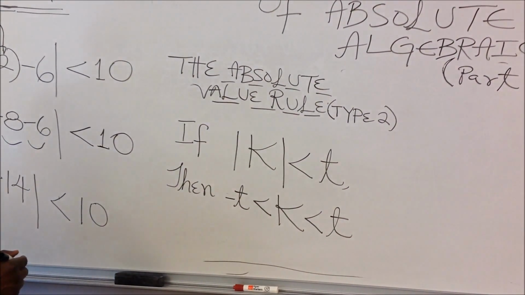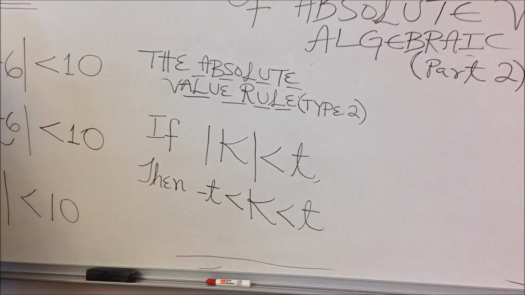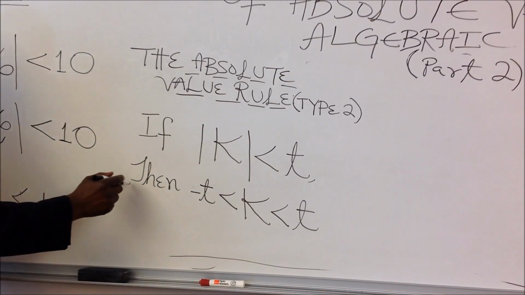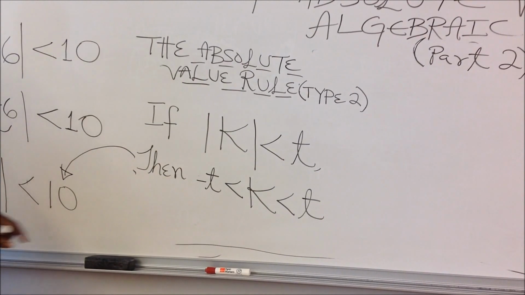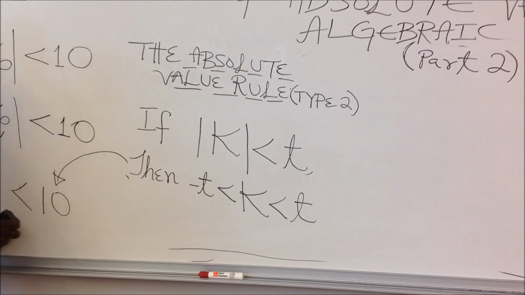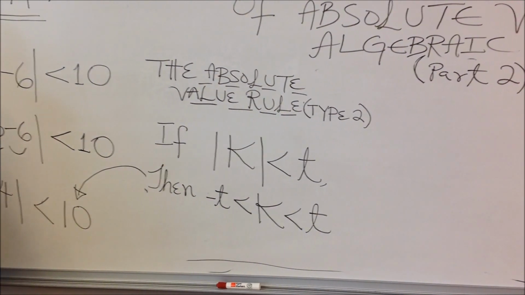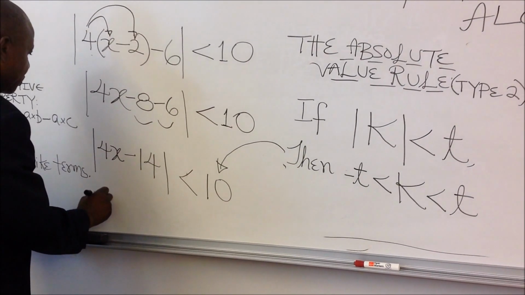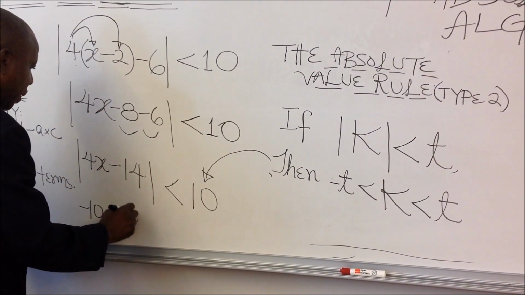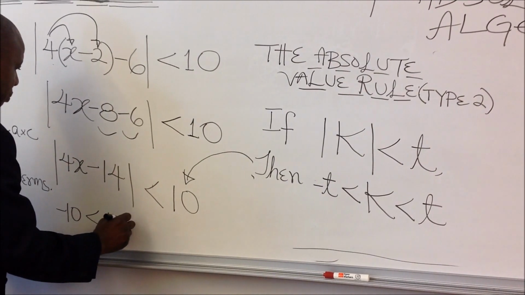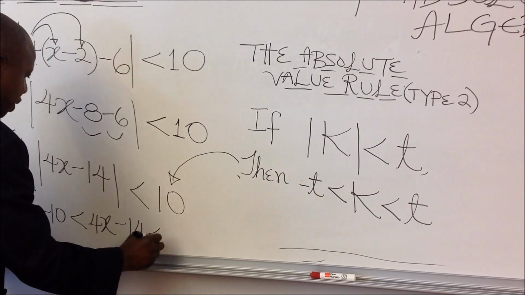So let us apply this important rule to this problem. If we do so, we will be able to obtain negative 10 less than 4x minus 14, and this will be now less than positive 10.